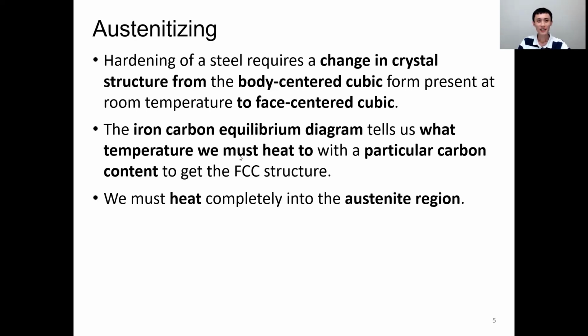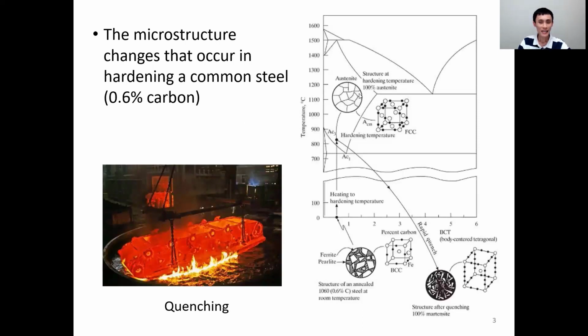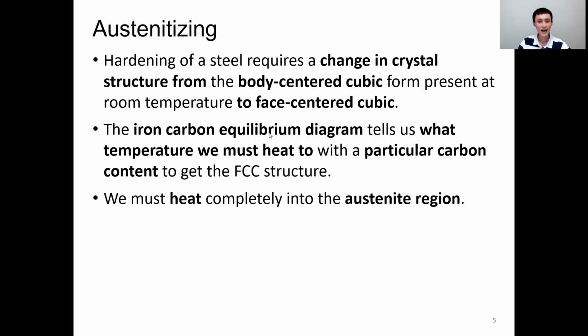First is called austenitizing, which means we have to heat up the material into the austenite temperature range, and it will change from body-centered cubic to face-centered cubic. The equilibrium diagram tells us what temperature we must heat up to with a certain carbon percentage in order to get the face-centered cubic structure.